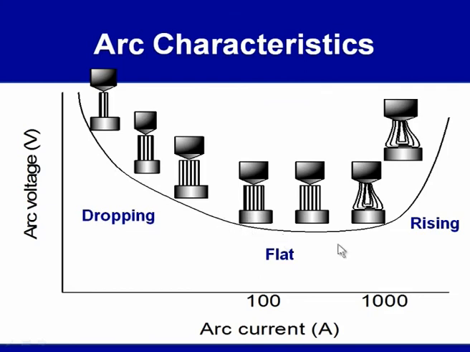Thereafter there is no significant change in the arc voltage, that is the flat zone, and beyond a certain limit of the current, say 1000 ampere or so, the distortion or bulging in the arc takes place, and at this stage the arc voltage starts to increase with the increase of welding current.